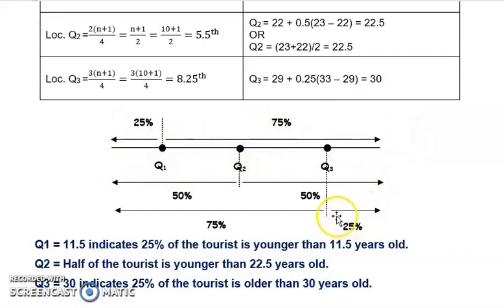In contrast, for Q3, 75% will be less than the Q3 value and the other 25% will be more than the Q3 value. So I hope you understand how to calculate Q1, Q2, and Q3 for ungrouped data. So do a lot of exercises.